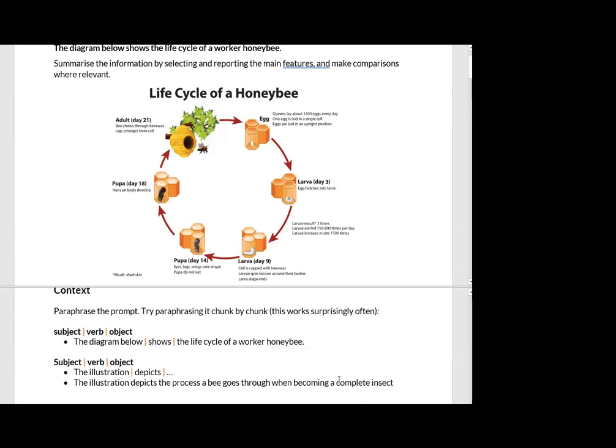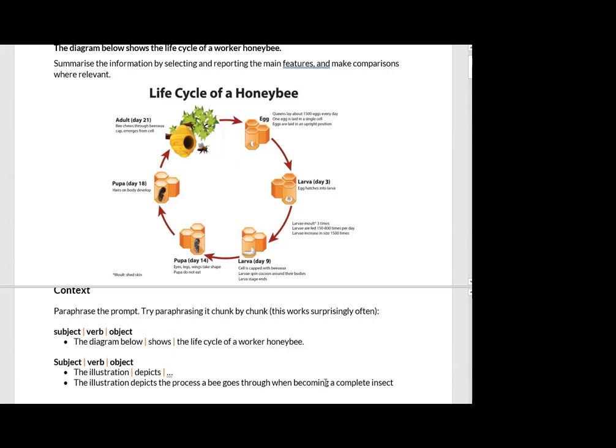When becoming a complete insect. Well, it is complete from start to finish, so this is not the right word. Develops. Okay. So it's kind of, so what's our verb going to be?